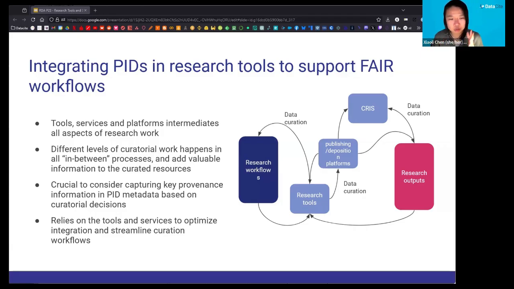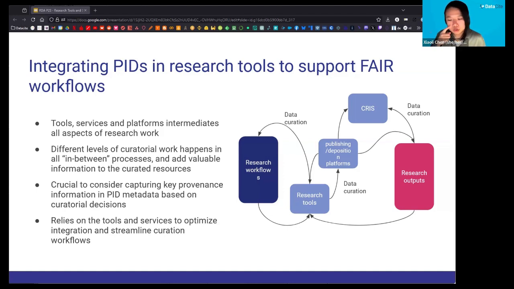They form a layer that intermediates all aspects of research work, from researchers to research administrators to research managers, like PIs overseeing publication processes, approval boards, or peer reviews. All of this work relies on the support of various tools, and different levels of curatorial work happen in these in-between processes, adding valuable information to the entity, the object that is being worked on.